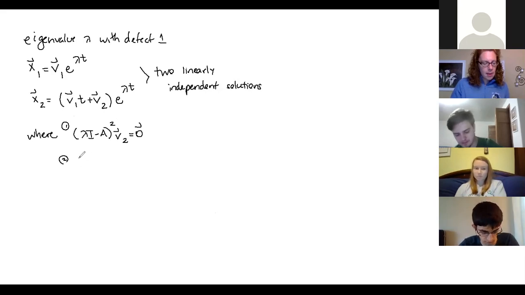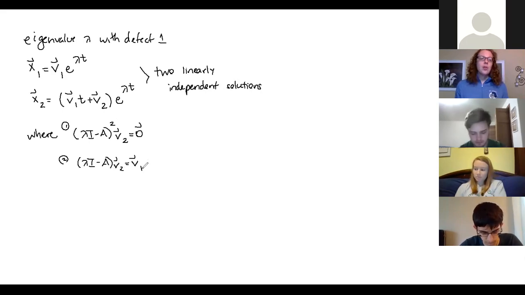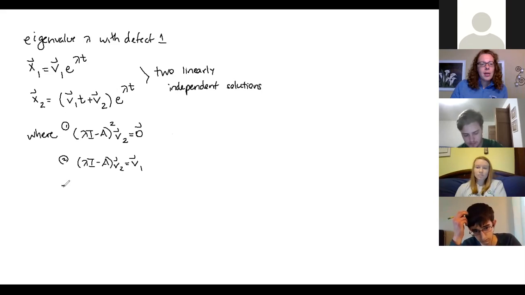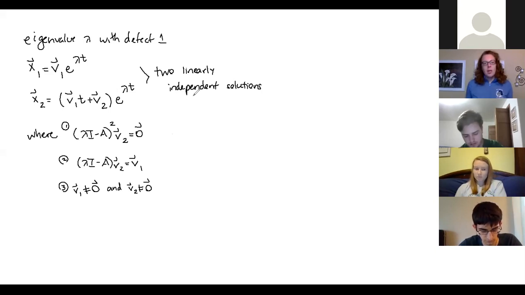Second one: (lambda I minus A) times v2 is equal to v1. So that's where your v1 comes from. And third, v1 is not equal to the 0 vector, and v2 is not equal to the 0 vector.